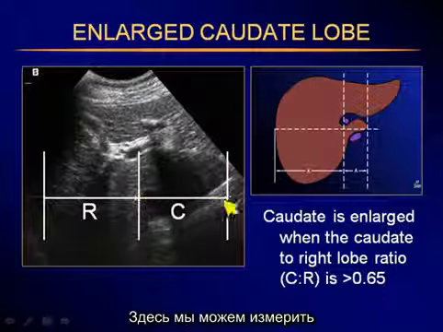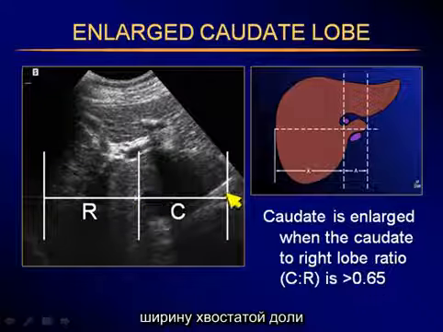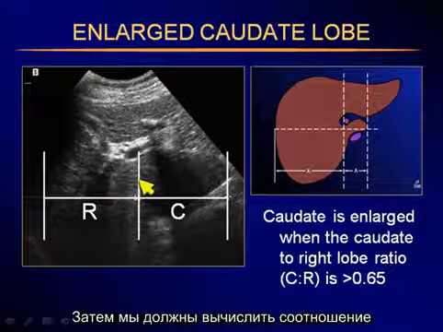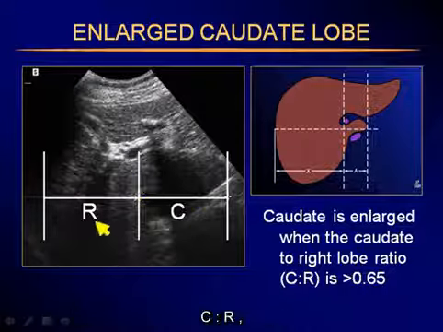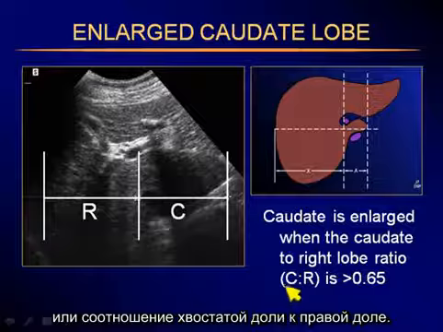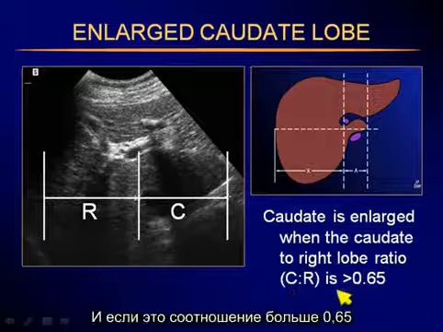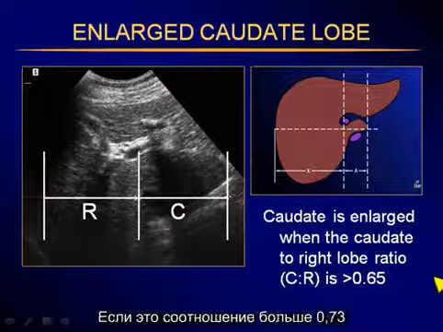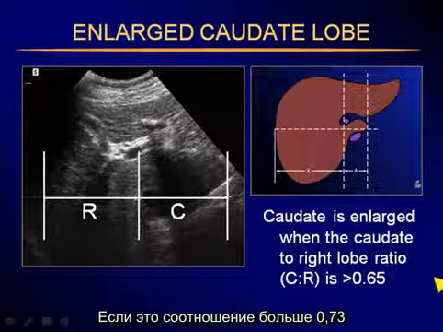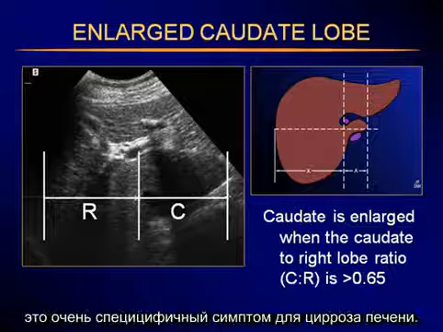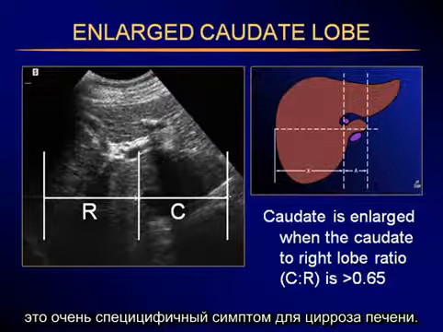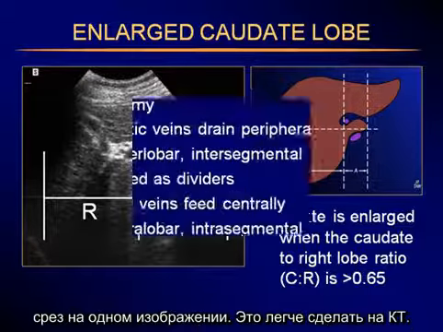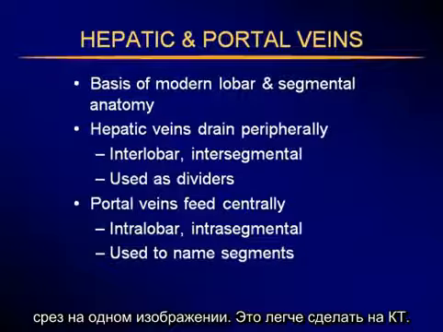That we would measure as the width of the caudate lobe, and the rest of it is the width of the right lobe. Then we would take a ratio of C over R, or caudate over right lobe, and if the ratio is over 0.65, that becomes an enlarged caudate. If the ratio is over 0.73 or so, that's very specific for cirrhosis of the liver. But you have to have the whole transverse scan on one picture. It's easier to do on CT.